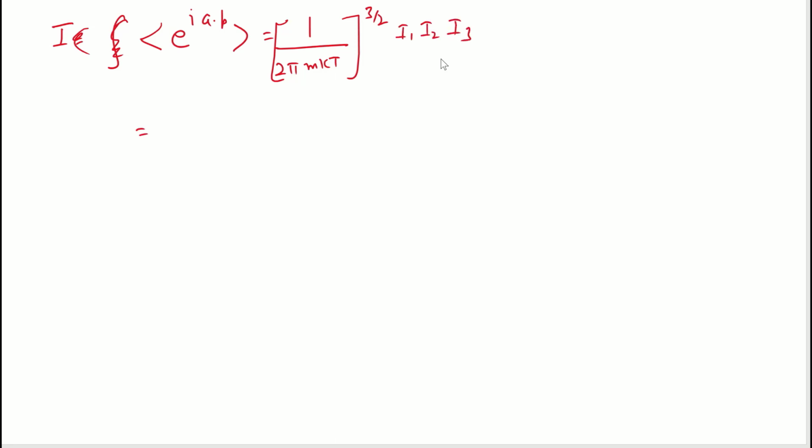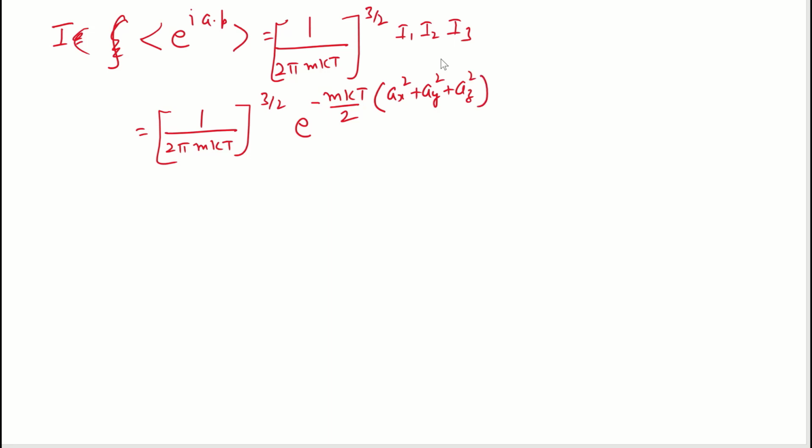That equals 1 upon (2 pi mkT) to the power 3 by 2, and then exponential minus mkT by 2, adding all these terms, a_x² plus a_y² plus a_z², and then the value of the three different integrals, that's 2 pi mkT to the power 1 by 2 each, so because there are three integrals, that will be 3 by 2.